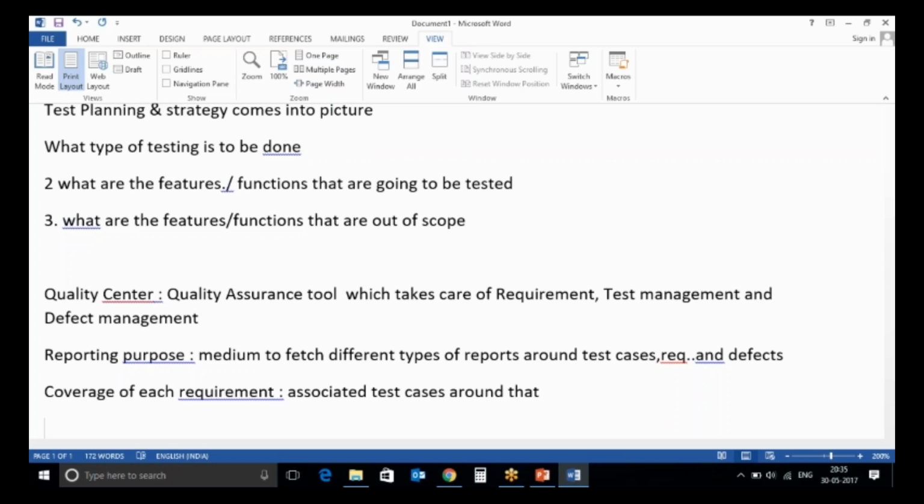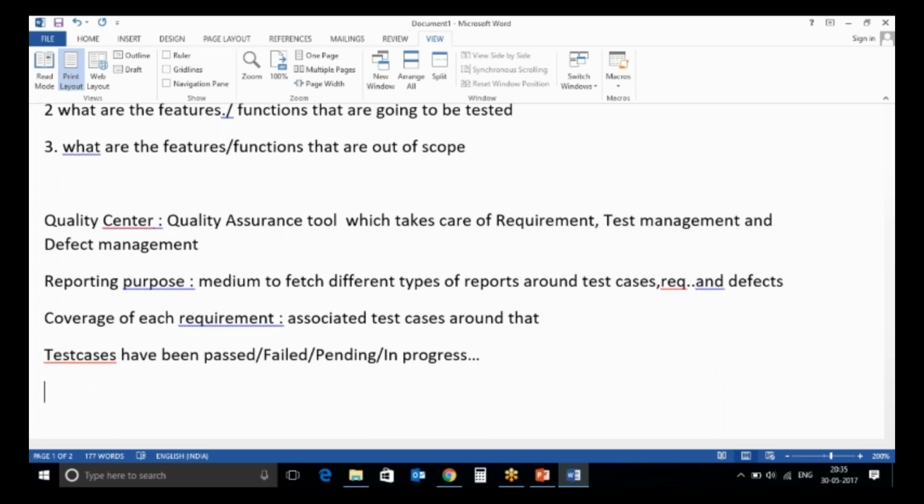Also it will tell me how many test cases have been passed, failed, pending, in progress and all that. Also it will tell me the defects which were found, and what type of defects there were. I mean, was it a critical defect?